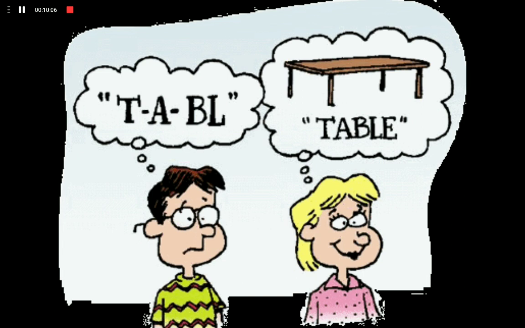A boy is learning the spelling of table, but if he has a clear picture or a visual representation of the table that he is learning, then it would be better, like the girl. She thought of a table and learned the spelling of table quite nicely, rather than the boy.